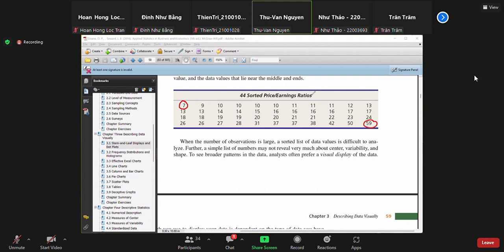And now we want to see how the data concentrates. At this point, we will find the center of the data. Sorry, let me go back.